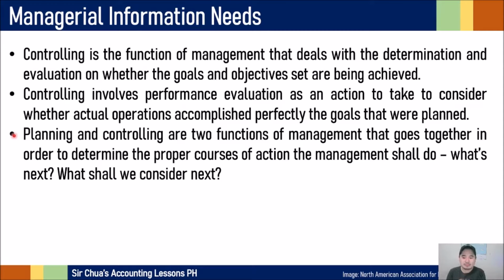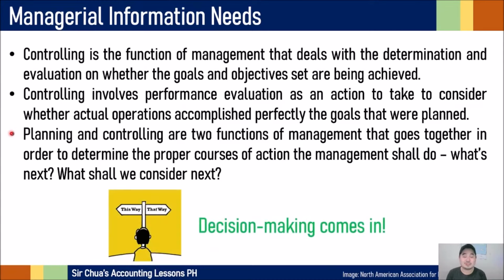Because in performance evaluation, that's where you will see, oh, okay, we did nice, so what are the things that we should continue doing? Or if we didn't do nicely, then you plan again, right? So basically, the questions that will arise will be, what's next or what shall we consider next? Now, in answering those questions, papasok na po yung ating tinatawag na decision making, no?